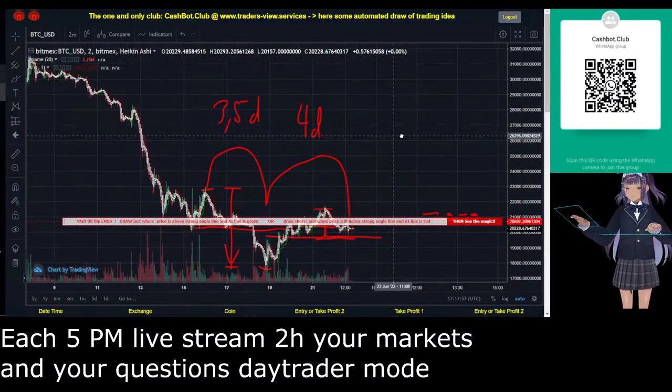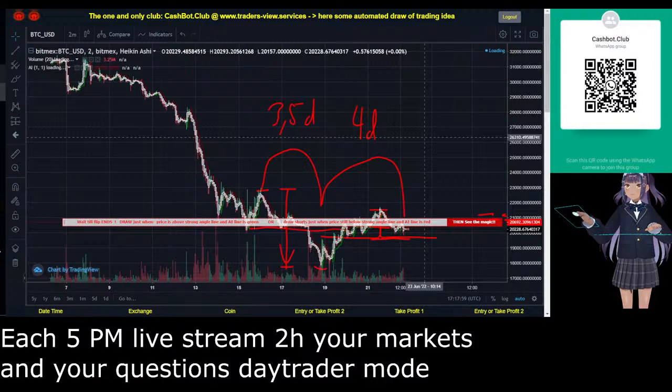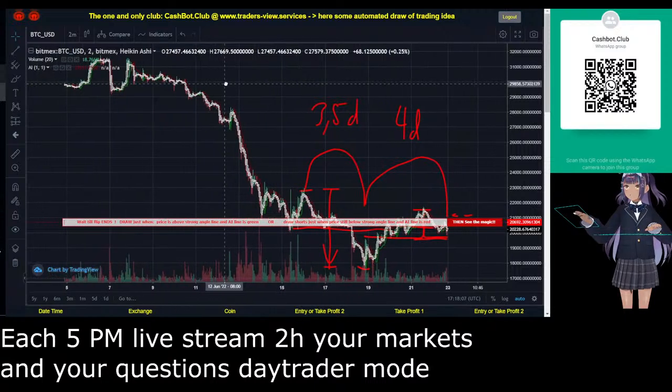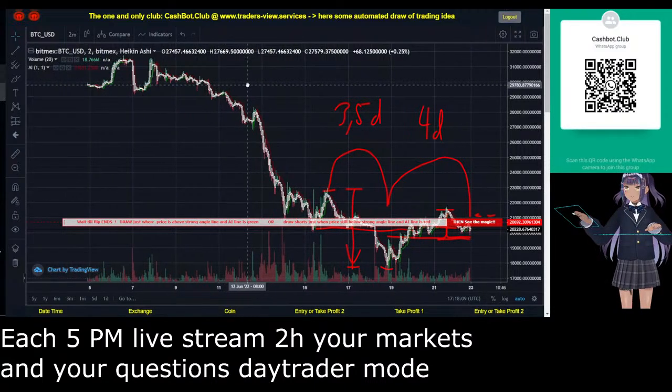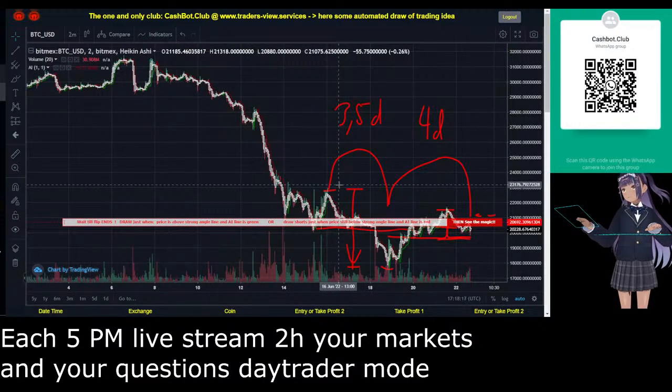If you go into the past, you will see they are nearly the same, but they are, like I say, non-static. So it can be a bigger move or a smaller move, but the same thing always happens. It has two CUCs inside. And that is what we are trading for.